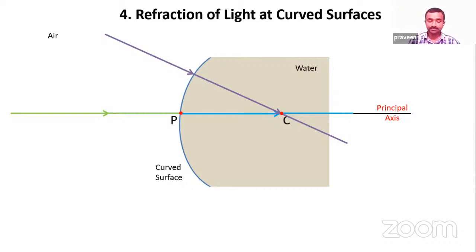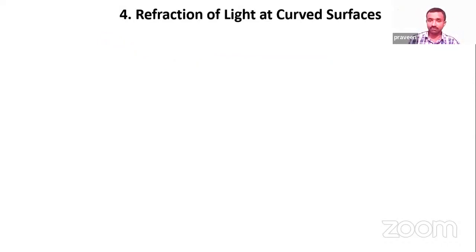If a light ray is incident on a curved surface along the principal axis or along the normal, both are normals only. So the angle of incidence and angle of refraction are both equal to 0. That's why they remain undeviated. This is given in figure number 3.